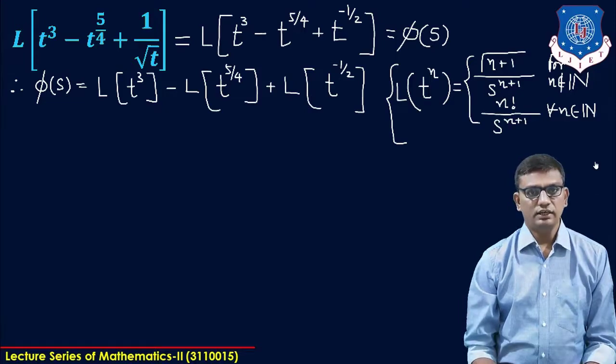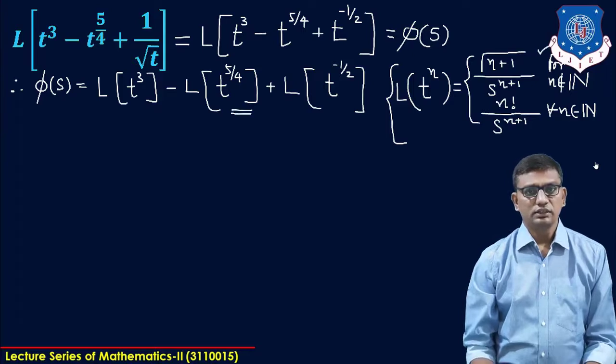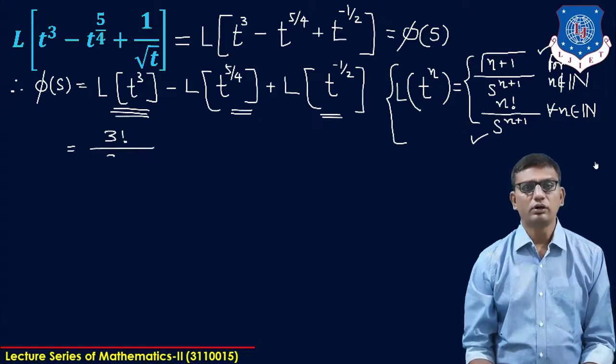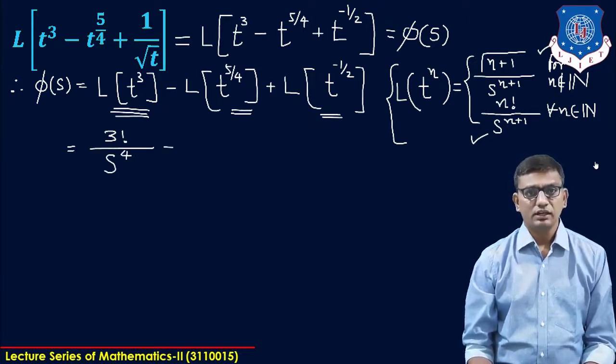integer. In the second and third part, we are applying the gamma of n plus 1 upon s raised to n plus 1 formula, and in the first part we are applying the formula n factorial upon s raised to n plus 1. We have n equal to 3, so it is 3 factorial upon s raised to 4 minus, here we are applying the gamma formula.